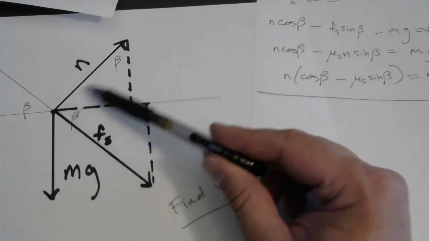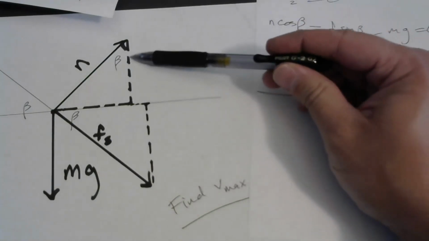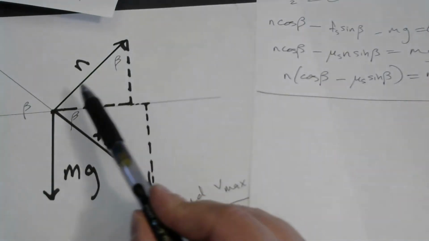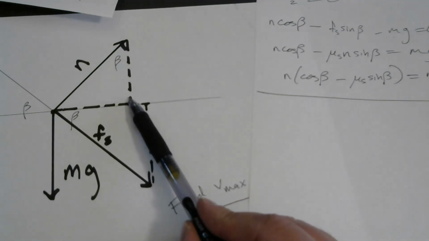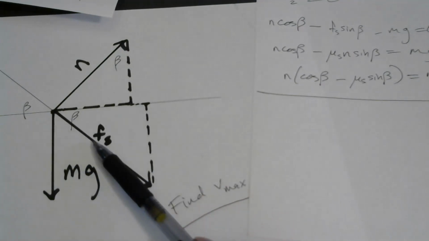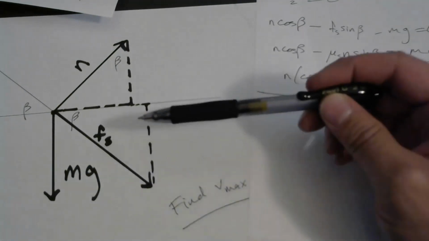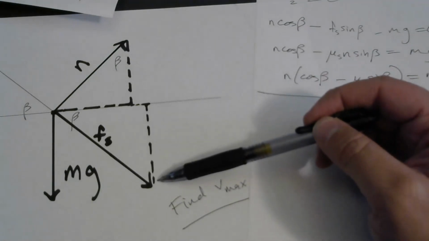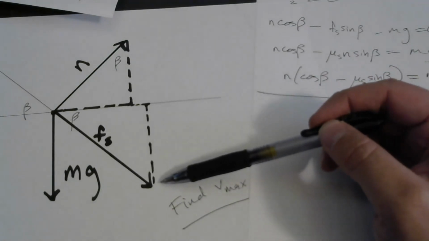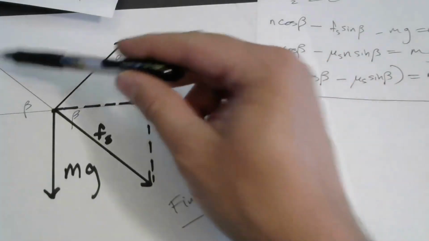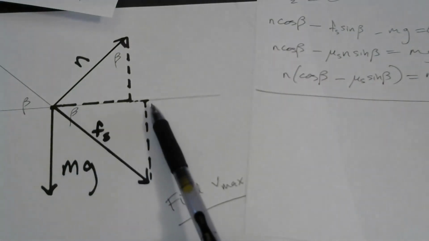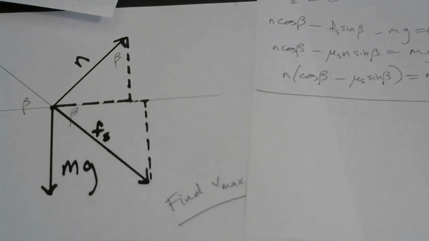We already established that the normal force does two things. It helps support the weight of the car, but it also provides some of the centripetal acceleration. Friction evidently also does two things. It pushes down, which I would say helps prevent the car from accelerating up the embankment, but the friction also contributes to the centripetal acceleration.